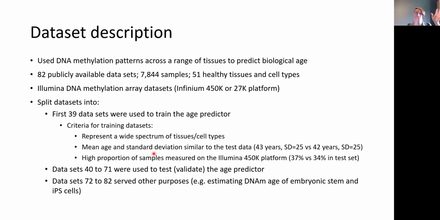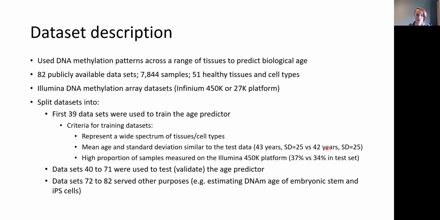So they didn't want to train just on young people in the training data and then have all the older samples in the test data. They wanted it to be broadly the same and cover a good range. So both of them had standard deviations of 25 years and a mean age of 43 in the training and 42 in the test, but pretty similar.